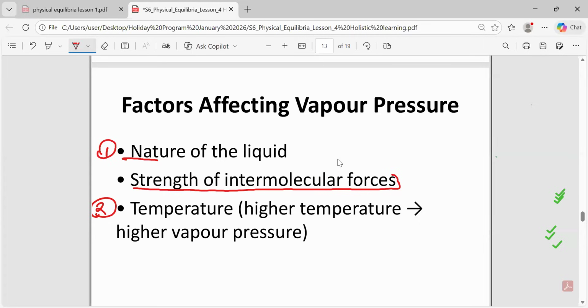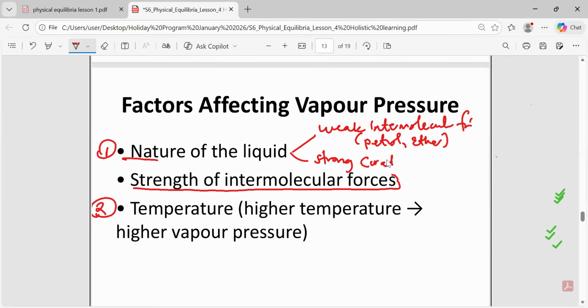They're saying that liquids with weak intermolecular forces have high vapor pressure. For example, petrol and ether are liquids with weak intermolecular forces. Now, for liquids with strong intermolecular forces of attraction, for example water, the stronger the intermolecular force of attraction, the lower the vapor pressure.